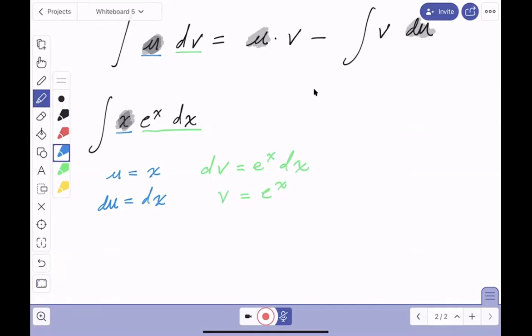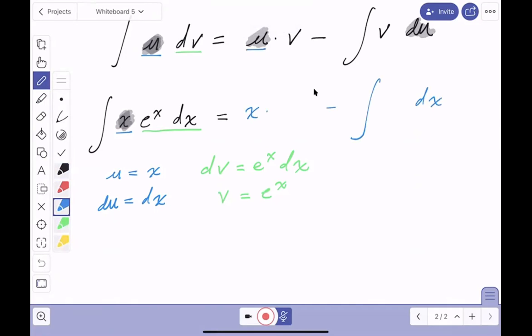So what's u? u is equal to x. I don't know what the v is yet, but I know something's going to go there later. That goes down later. And then I put the du down. What's du? It's dx. So all I did was I said u is x, du is dx.